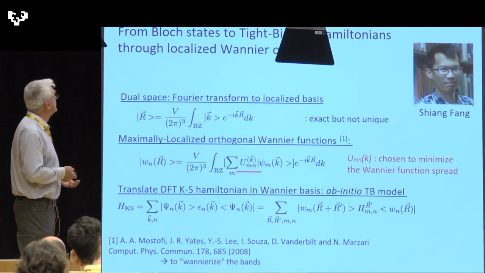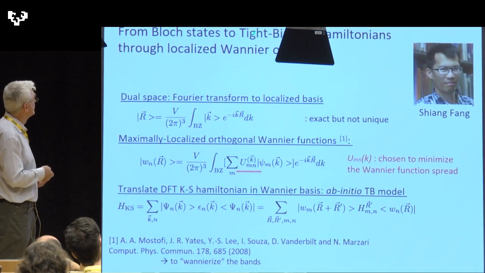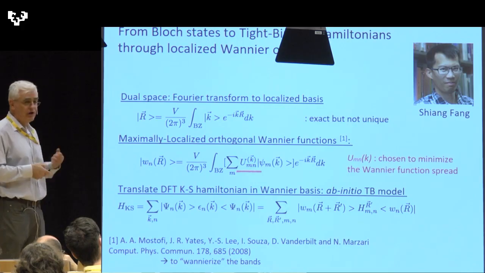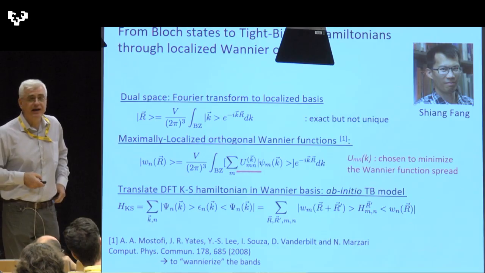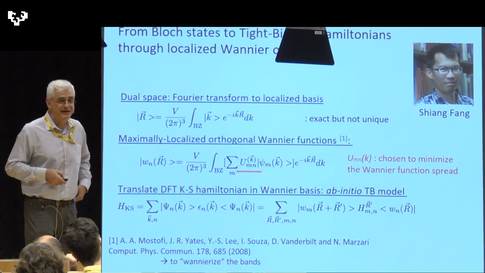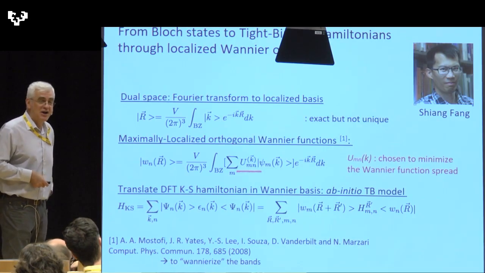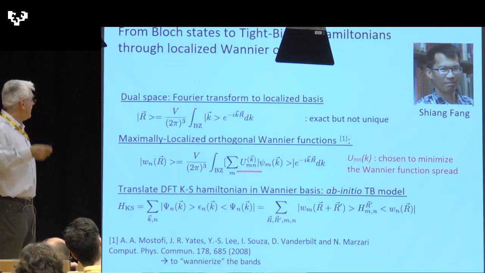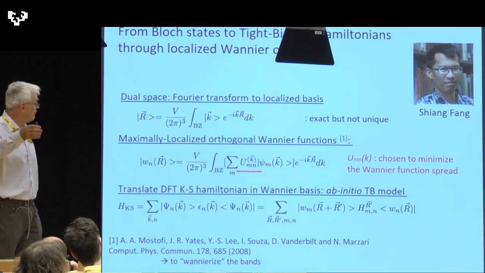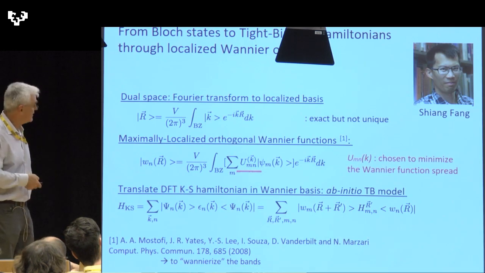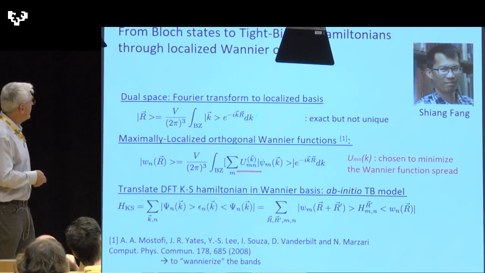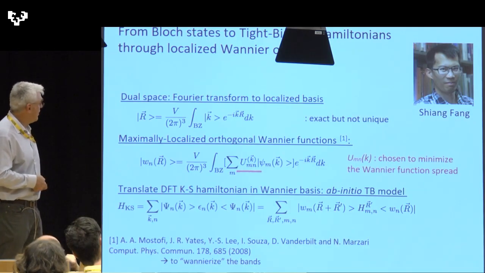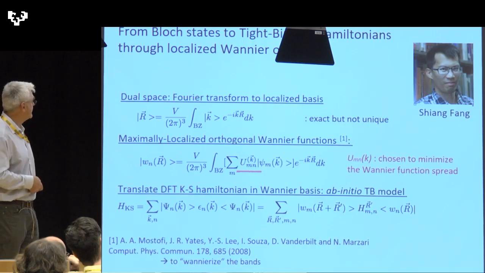And of course, we know how to do this, so we can go from Bloch states to a tight binding Hamiltonian through localized Wannier orbitals. As someone mentioned earlier this morning, I don't have to explain to this audience what Wannier orbitals are, and thanks to the pioneering work of Nicola Marzari and David Vanderbilt and collaborators, we have a tool to go from the Bloch states to the optimal localized Wannier states.